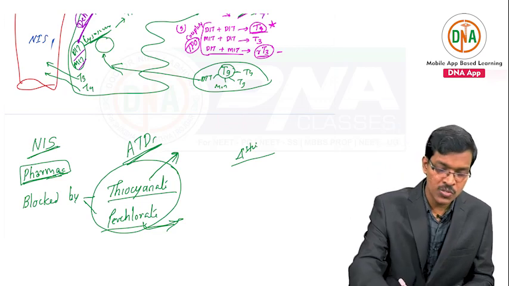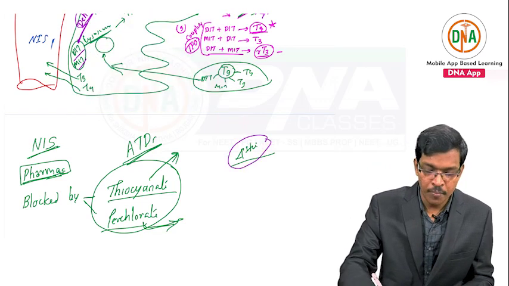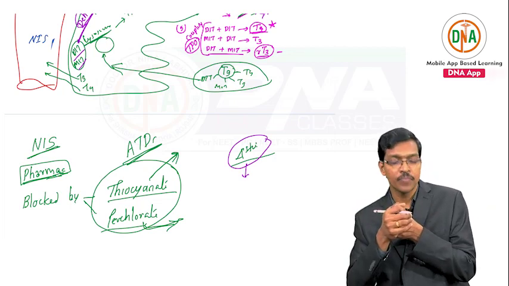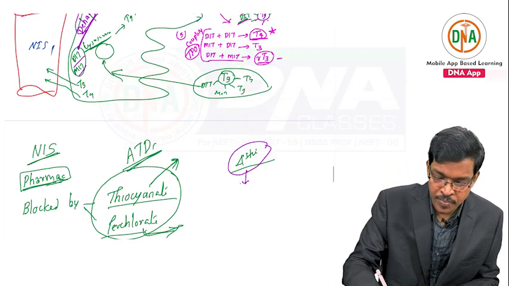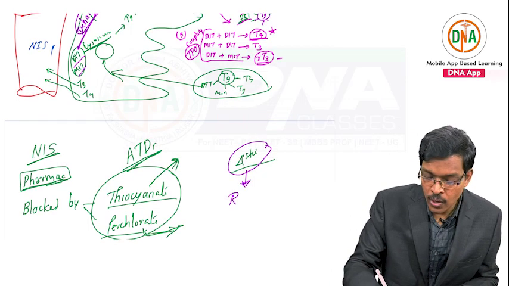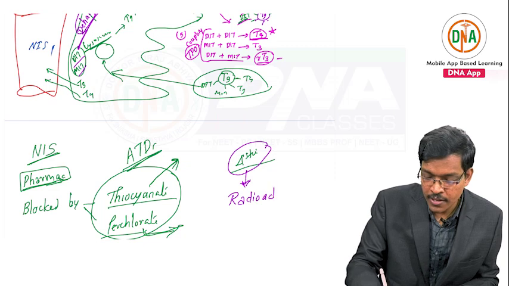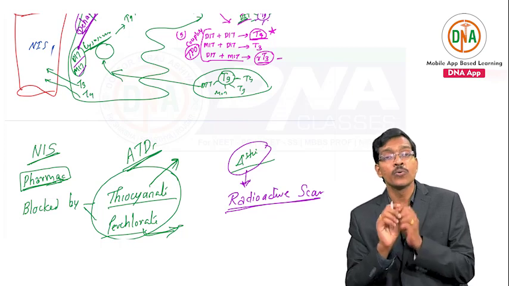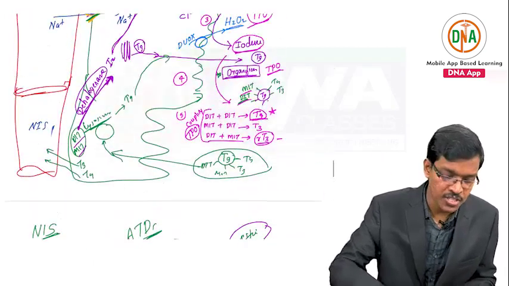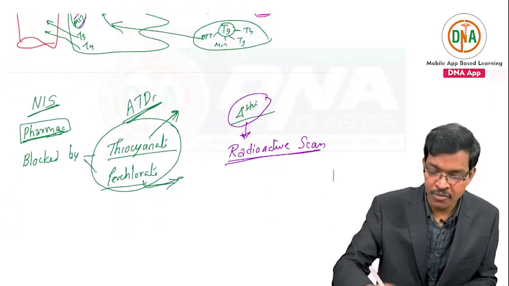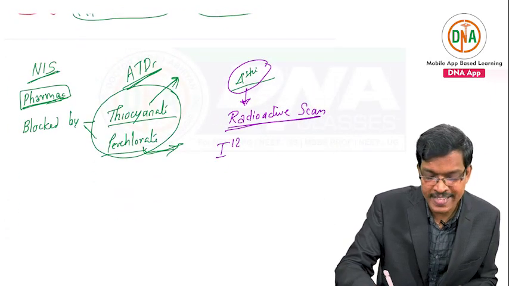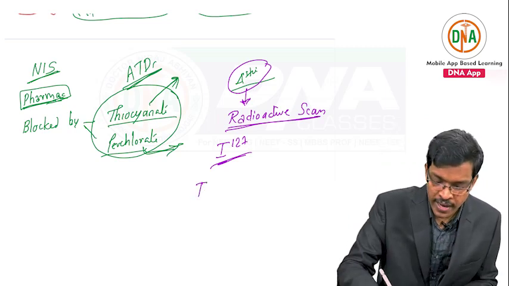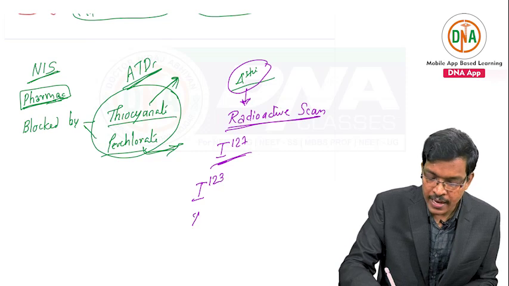Right. From a diagnostic point of view, iodine is taken up by the thyroid follicular cells, and this is used in radioactive scanning of the thyroid gland. The normal dietary form of iodine is iodine 127, which is not radioactive. We have two radioisotopes of iodine, iodine 123 and iodine 131.